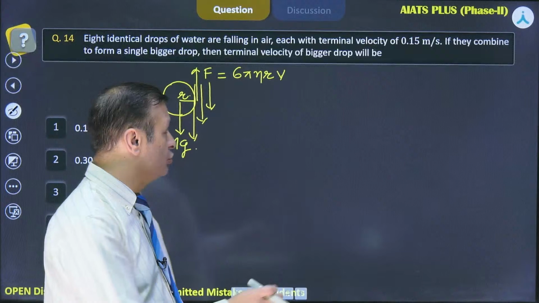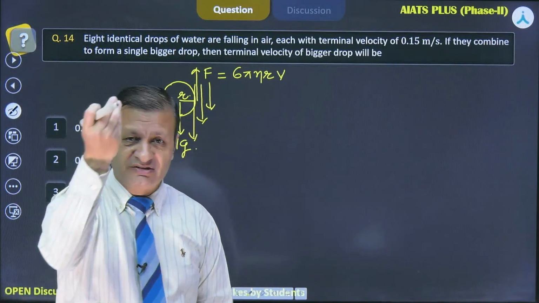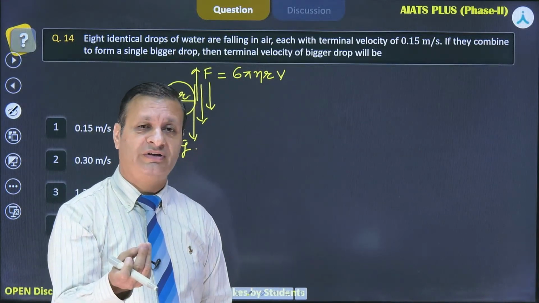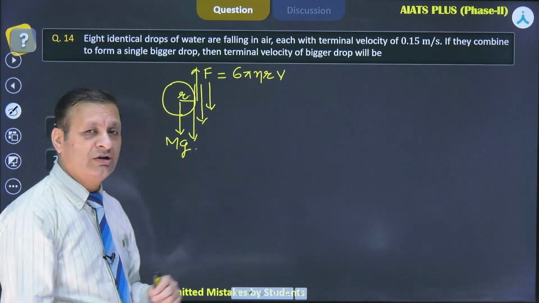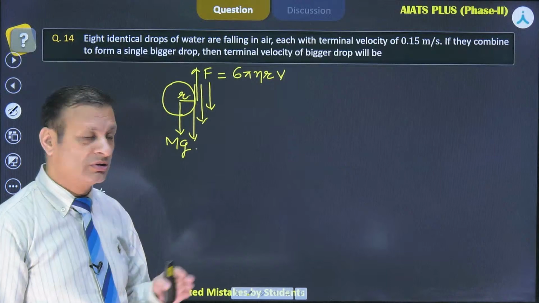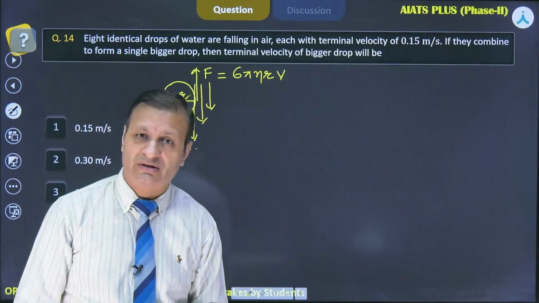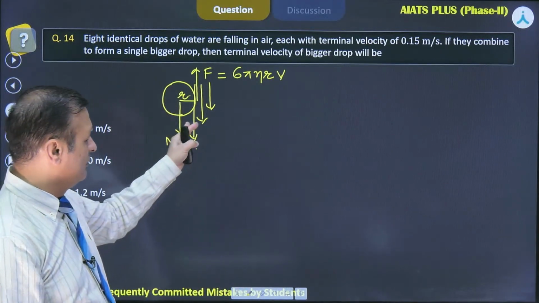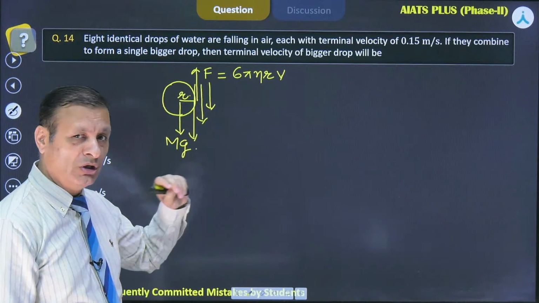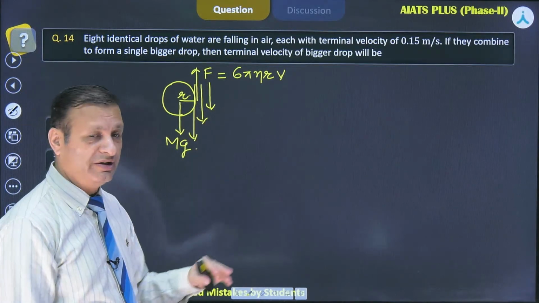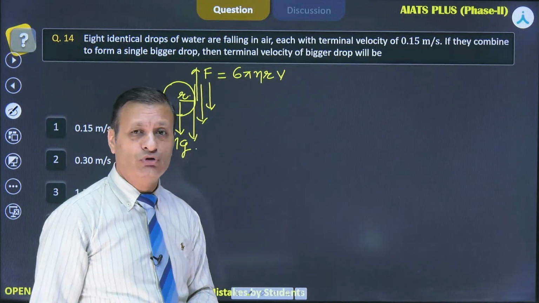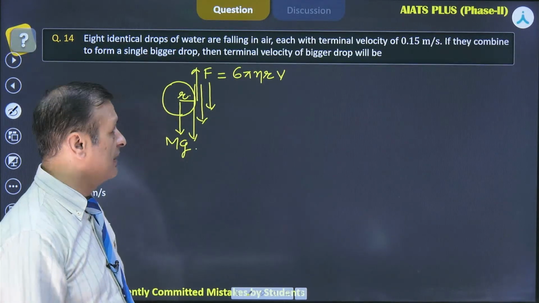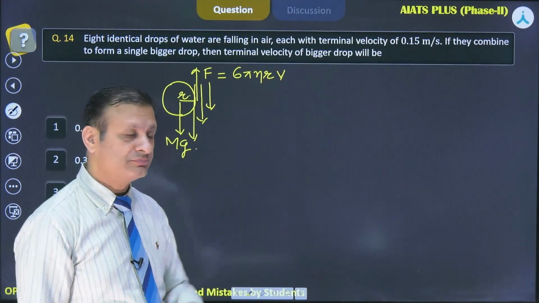And when it comes into play, we have already discussed, the body starts falling initially because of its weight. The layers in contact with the falling body will also tend to be in motion, but they will have relative motion. As you move away from the ball, their velocity keeps on decreasing. So as per Stokes' law, we have an opposing force, that is given by 6 pi eta r v.